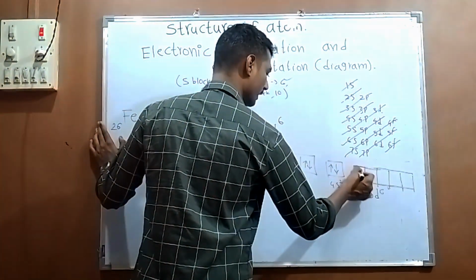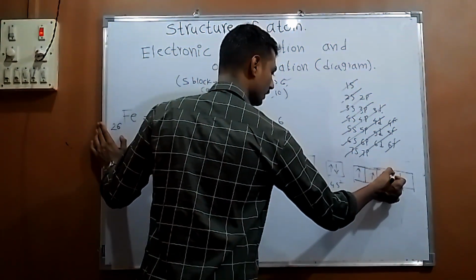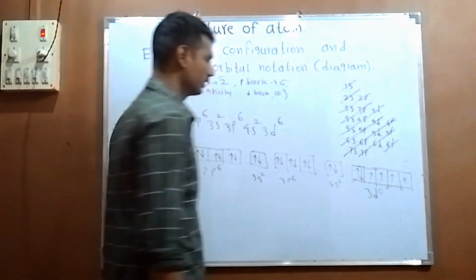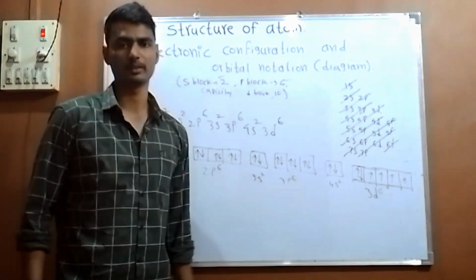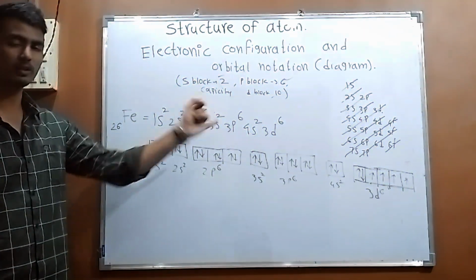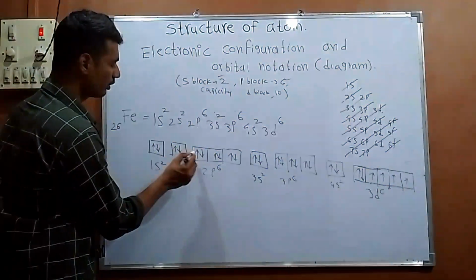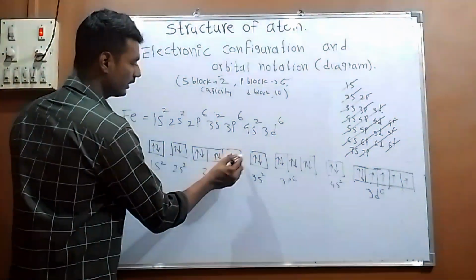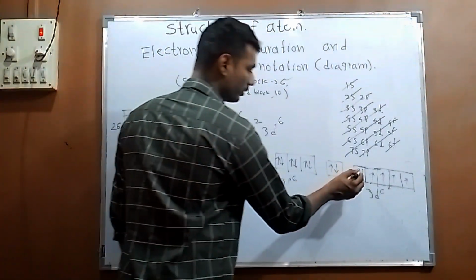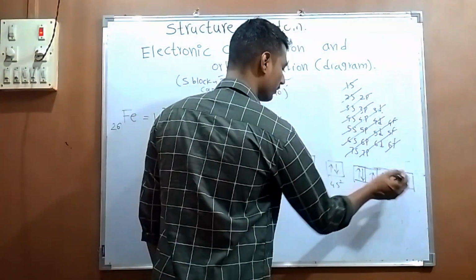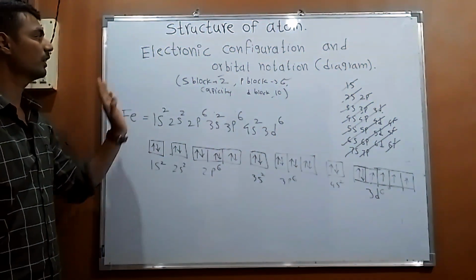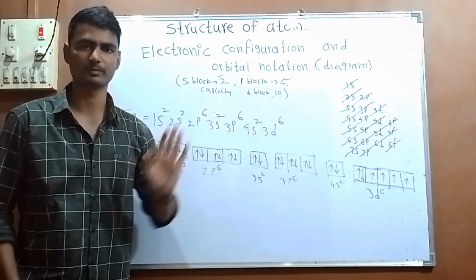So it will be filled 1, 2, 3, 4, 5, and then the 6th. This is the correct method. Let's count whether the total is 26 or not: 1, 2, 3, up to 24, 25, and 26. This is the correct method to write the electron configuration and orbital notation.